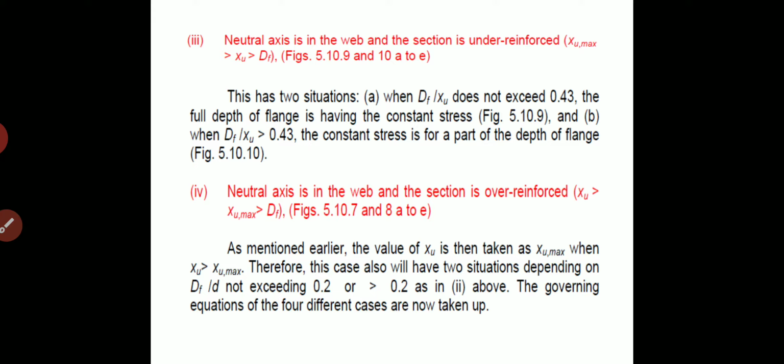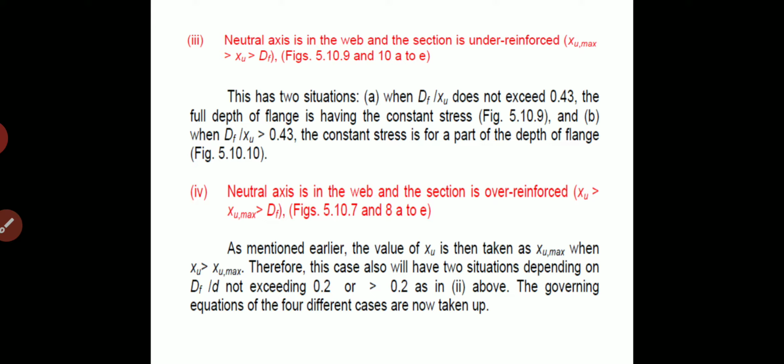First, when depth of flange upon depth of neutral axis does not exceed 0.43, the full depth of flange has the constant stress. And second, depth of flange upon Xu greater than 0.43, the constant stress is for a part of the depth of flange.